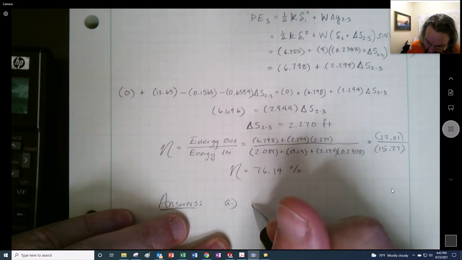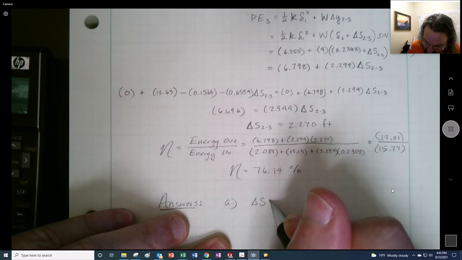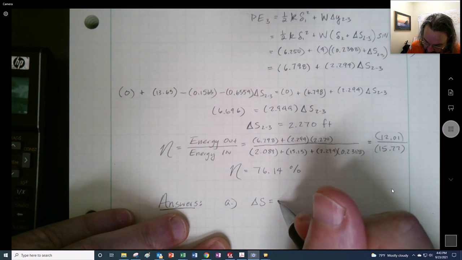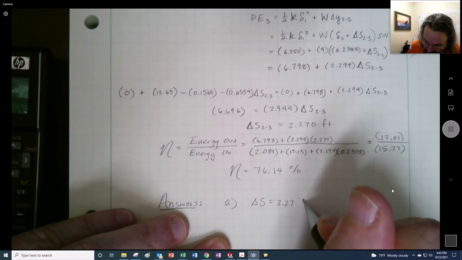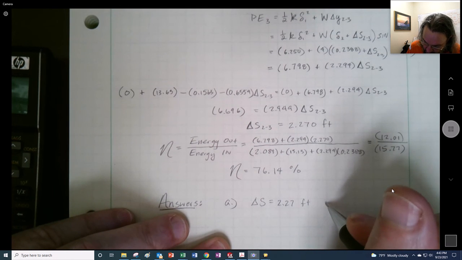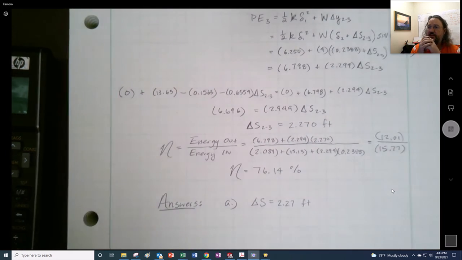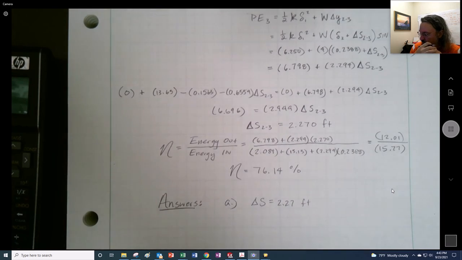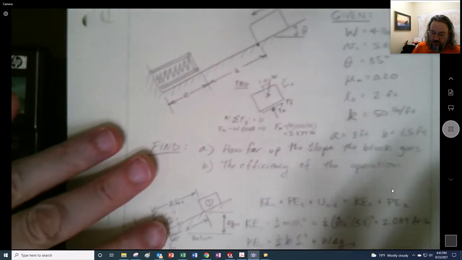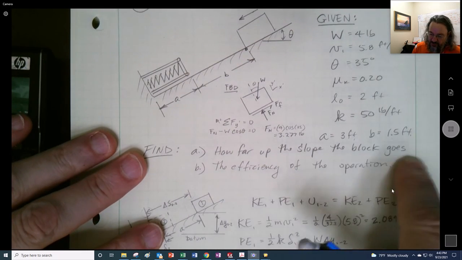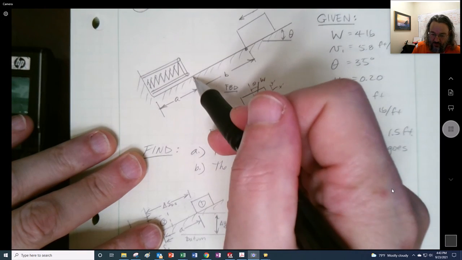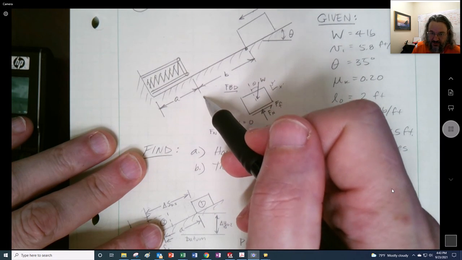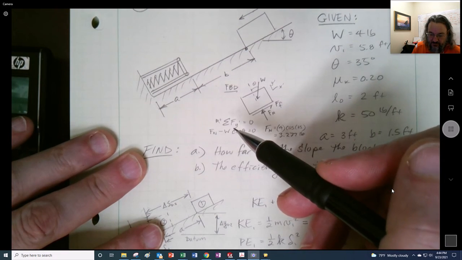I'm going to say that delta S is going to be equal to 2.27 feet. Boy, do I want to write it that way? I might. It's how I want to express it. Do I want to express it from the wall? Like I should have asked how far up the slope. What I'm answering from is from this line right here.